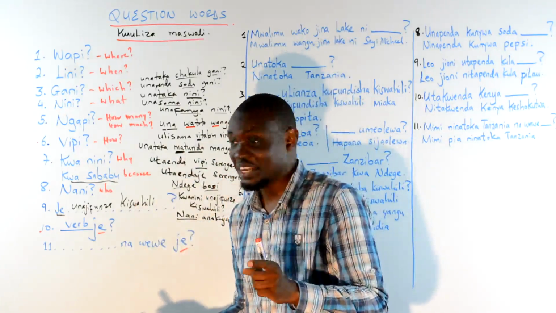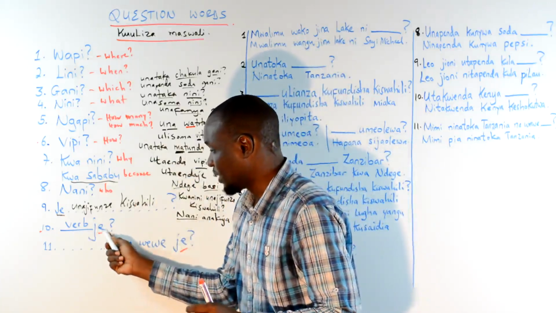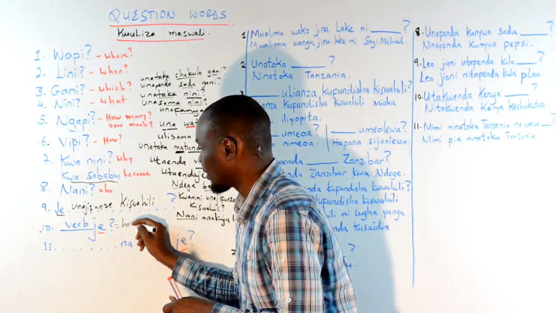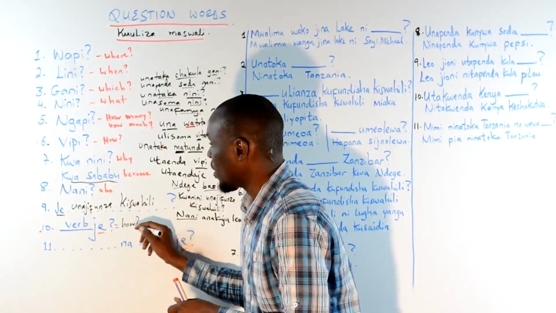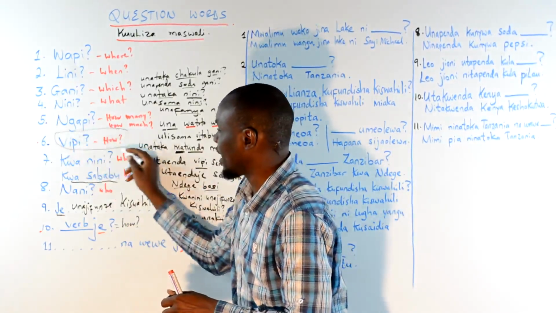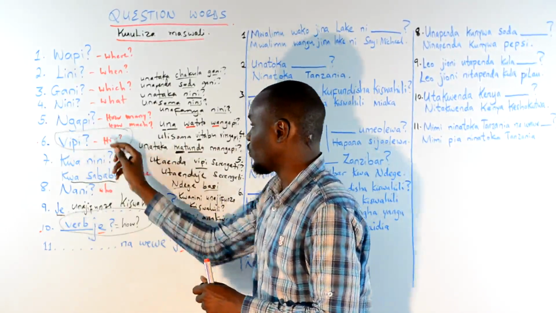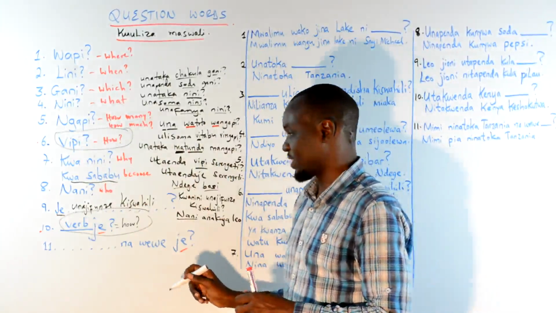I told you already that verb then je means how. This how is exactly the same as vipi. So you either use je or vipi, and I gave you the examples there.